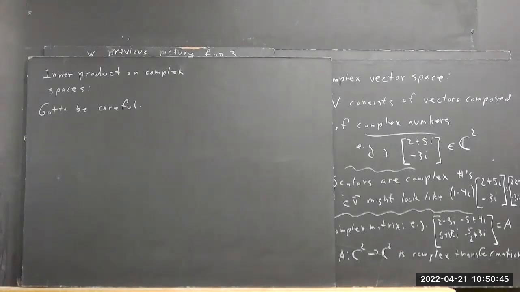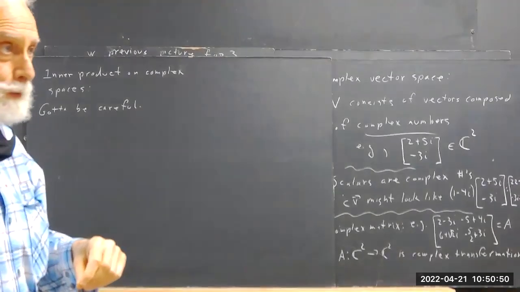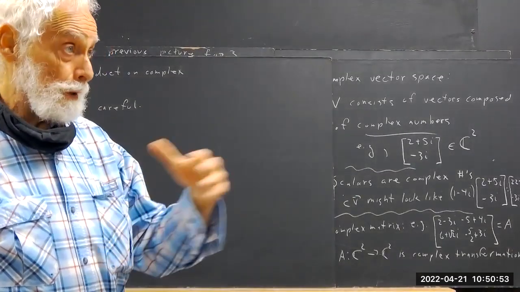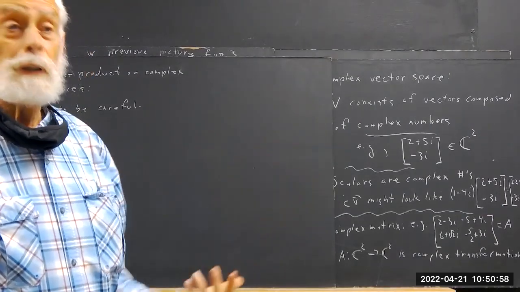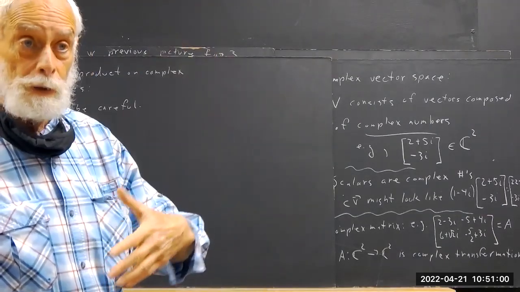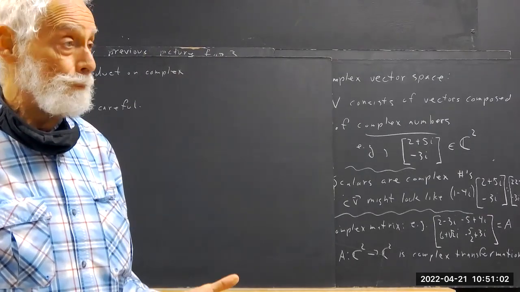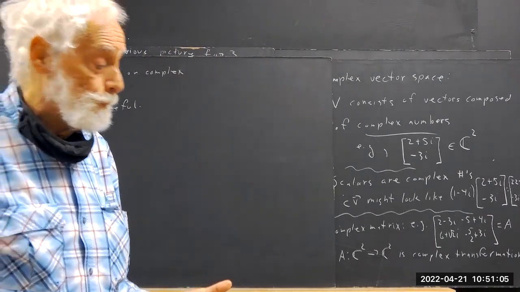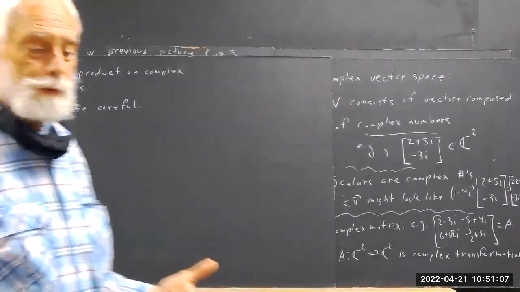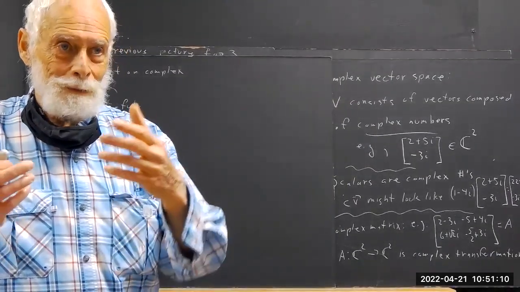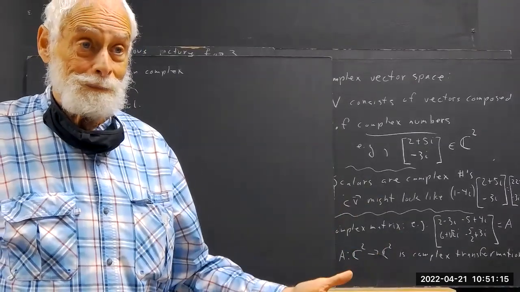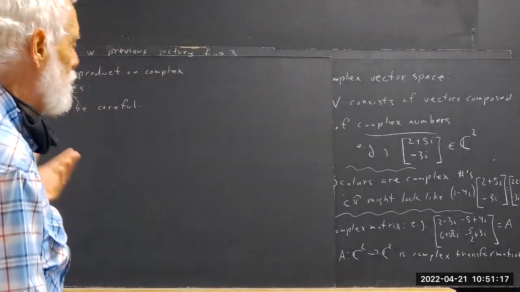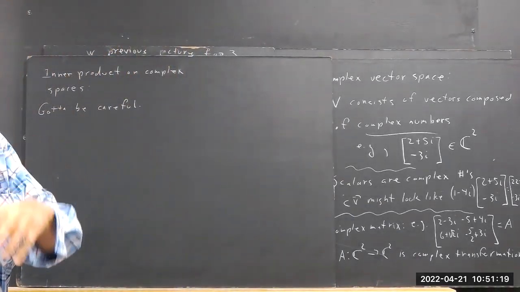You've got to be careful. Because whereas in real spaces, a dot product of a vector with itself can't be negative. Okay? Because, you know, if you dot (a, b) with (a, b), you're going to get a squared plus b squared. That's always non-negative. I say it's always positive, but unless the vector is zero, it's always positive.